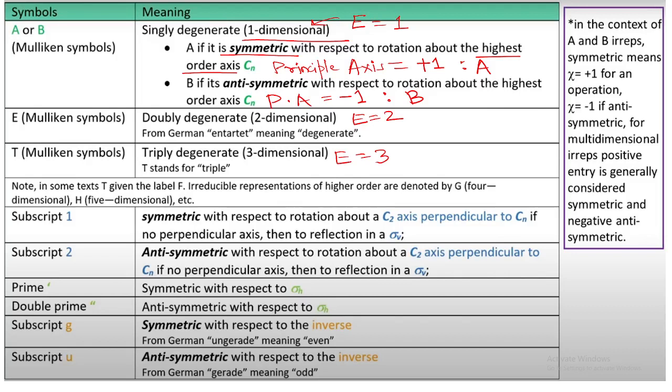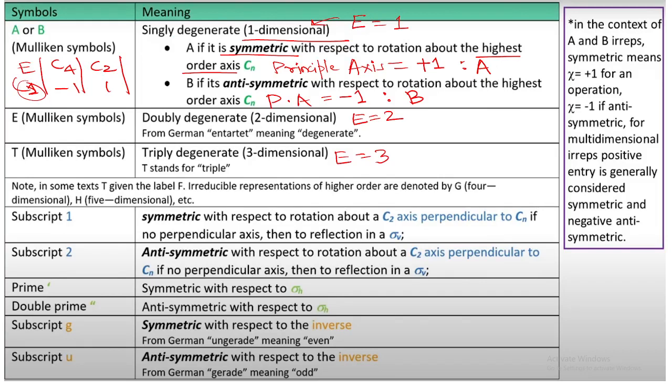Suppose this is E, C4, C2, like this it is given. Here it is 1, then here it is minus 1, here it is 1. Step 1, check the character under E. It is 1.